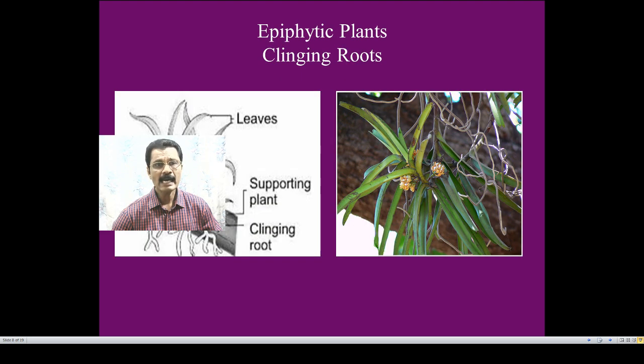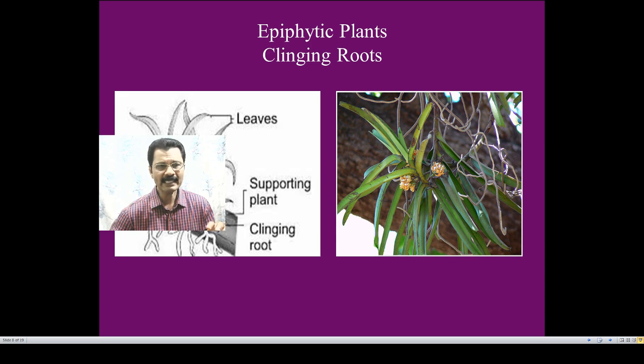Then epiphytic plants have clinging roots. So the roots modified for storage purpose, roots modified for mechanical support, roots modified for climbing support, roots modified for clinging. See, in the case of epiphytic plants, what is epiphytes? Epiphytes are those plants which depend on other plants only for shelter, not for food, only for shelter.